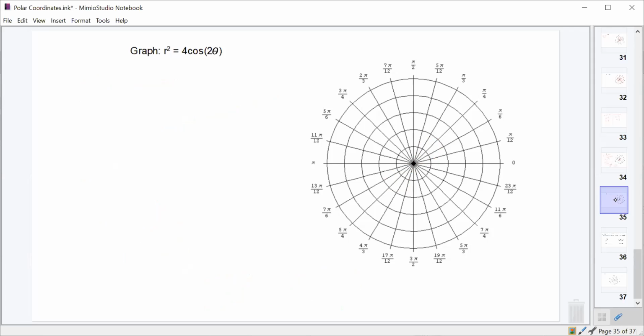Where does cosine always hit its max? At 0. So it's going to have its furthest out point at the square root of this value at 0. And it's going to go the same distance out at pi, or the opposite value at 0, -2 and 2 at 0.